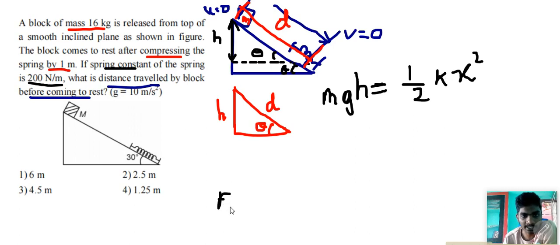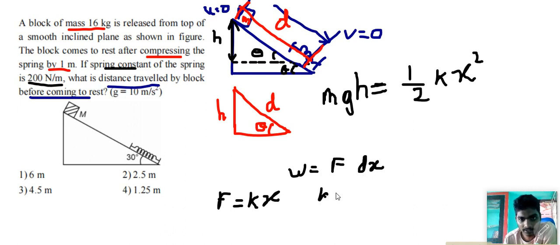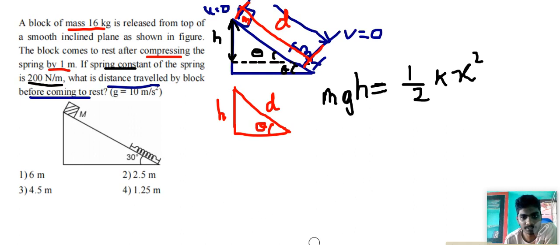Force is directly proportional to x, so force is equal to k times x. Work done is force into displacement dx. By substituting kx and integrating, we get half k x square. This is where the derivation comes from.